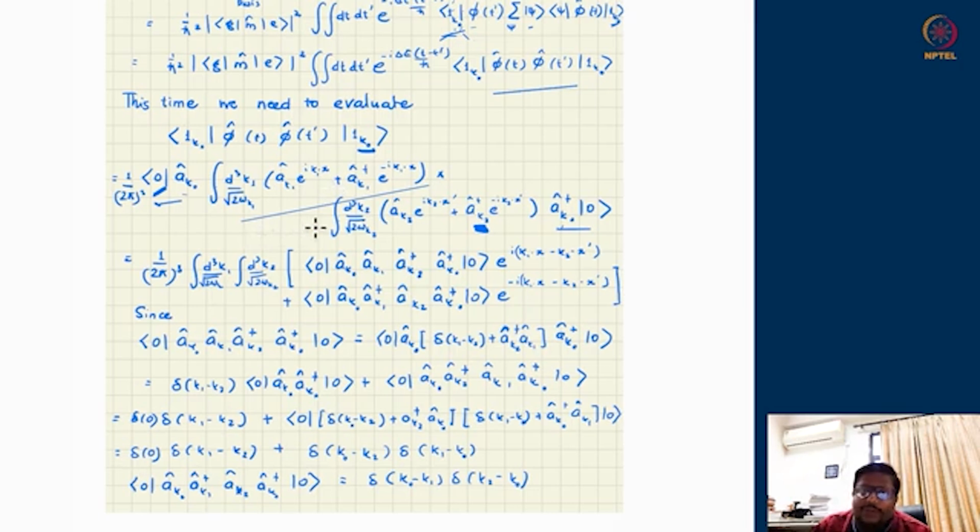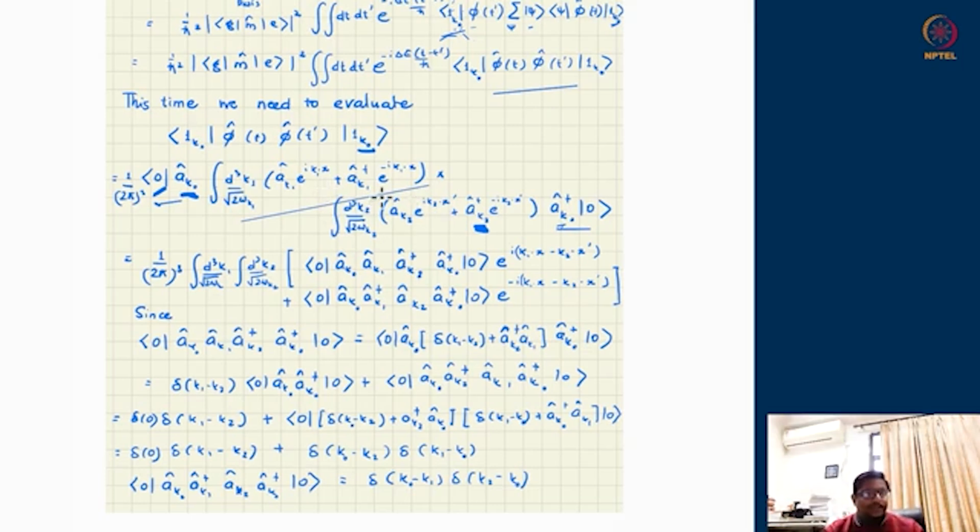Now we know from our previous exercises that such an expression will survive only if we have the same state from left and right. They survive under operations only if we have the same number of a_k and a_k dagger hitting each other. So one a_k0 from the left and one a_k0 dagger from the right are already in the game. That means I only have the luxury of arranging one a_k and one a_k dagger from these two field operators.